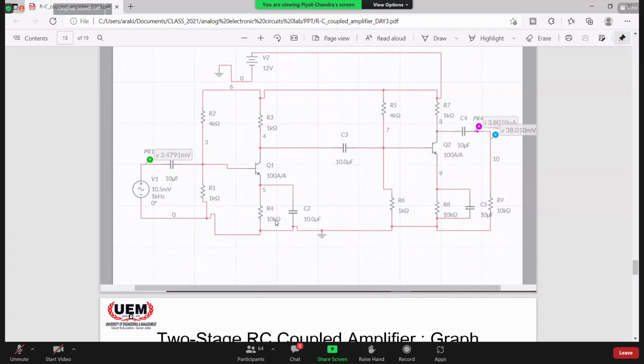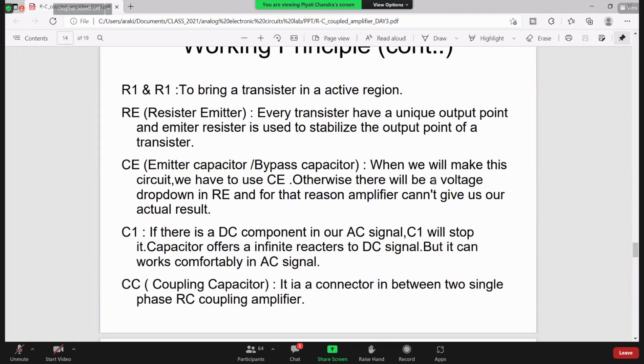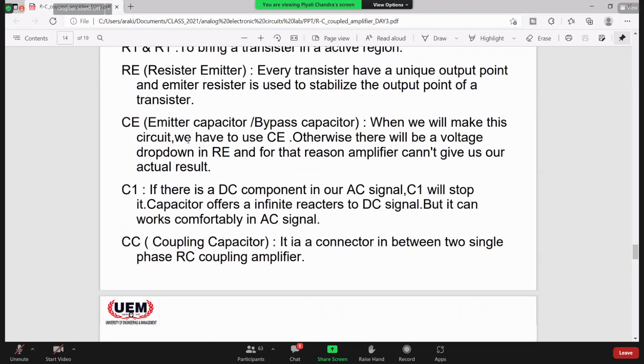So this is RE, the emitter resistor, and it will help to stabilize the operating point of a transistor. What is the operating point? Every transistor has a specific point where the transistor becomes active. So that is called the operating point.